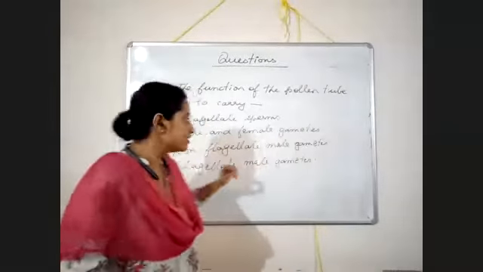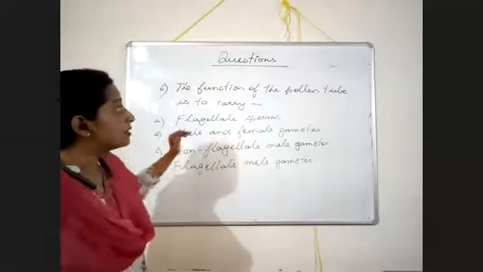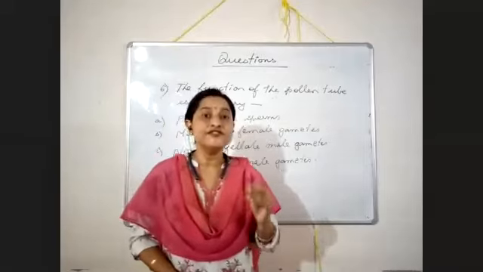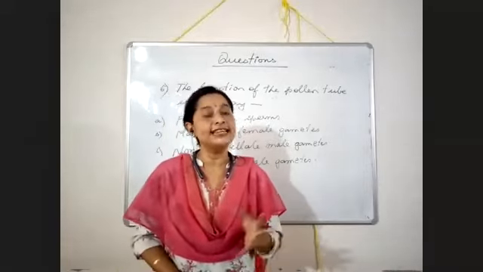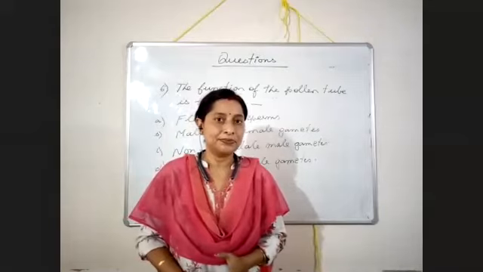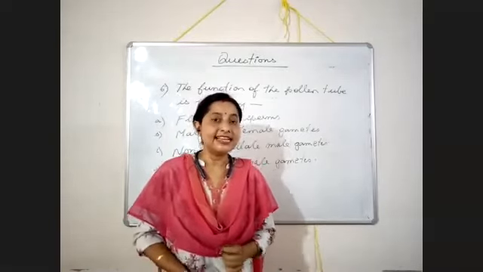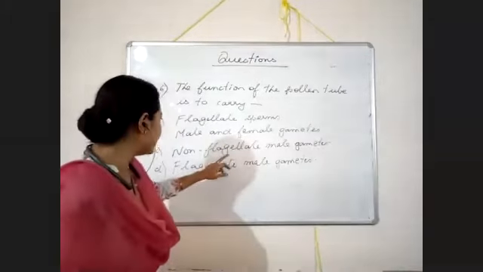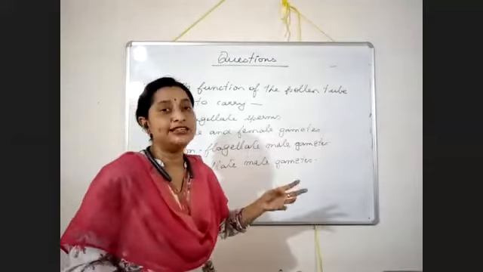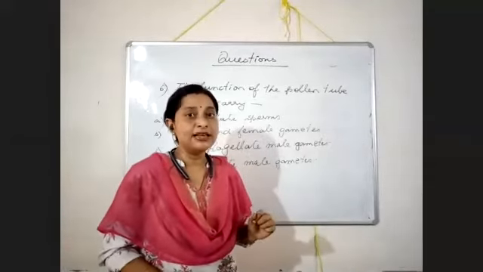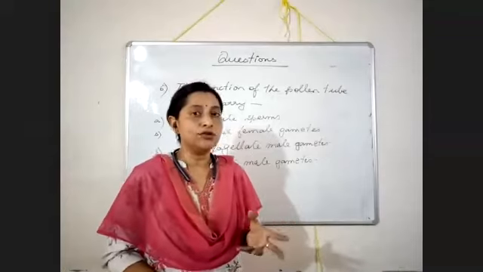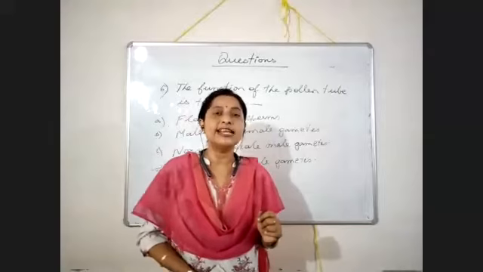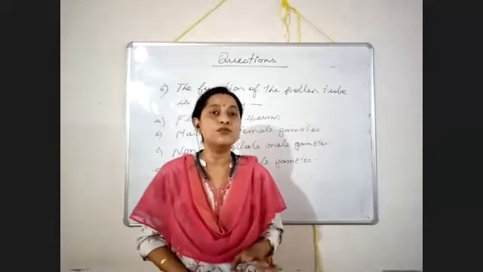We are left with C and D. The purpose of asking this question is just to know whether the male gametes are flagellate, non-flagellate, motile, non-motile. In the case of higher plants, are the male gametes motile or non-motile? What we need to remember is, in the case of lower plants, male gametes are always motile.